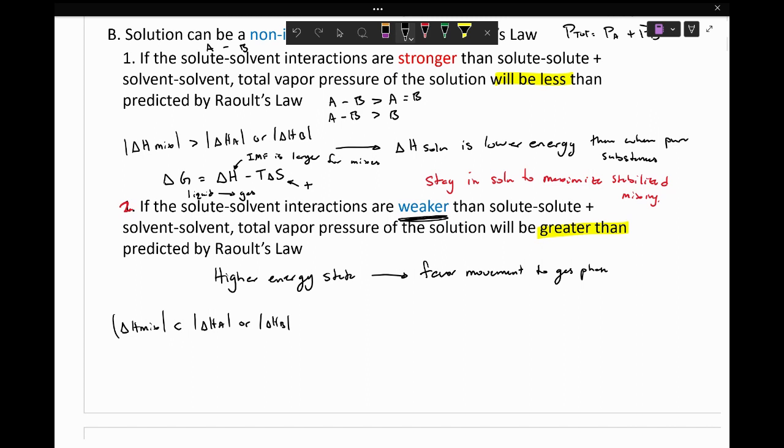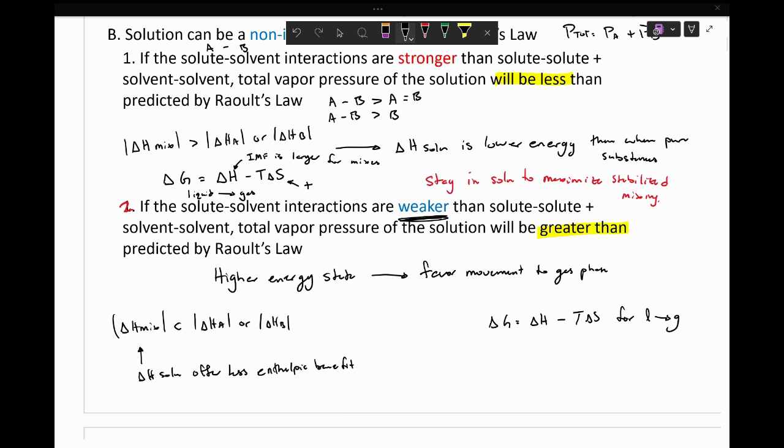And when we look at this transition, this delta G equals delta H minus T delta S for liquid to gas, if this is smaller than H A and H B, that means that delta H solution is going to be offering less enthalpic benefit, just because it's going to be either a small negative number or more likely a positive number.